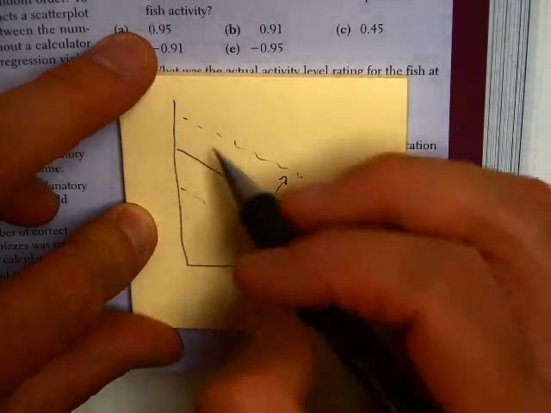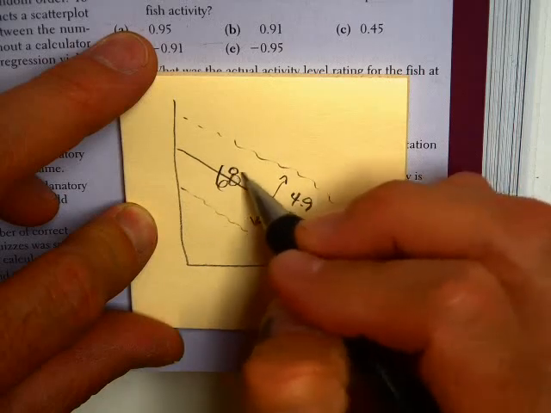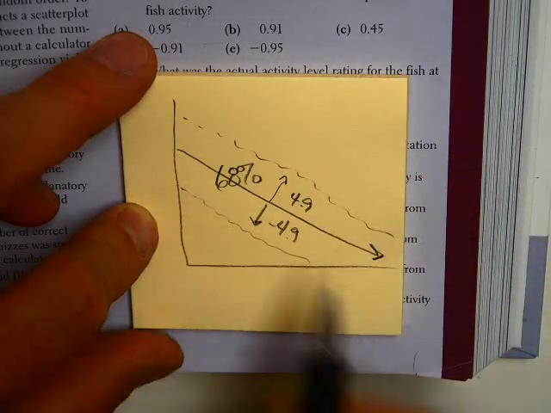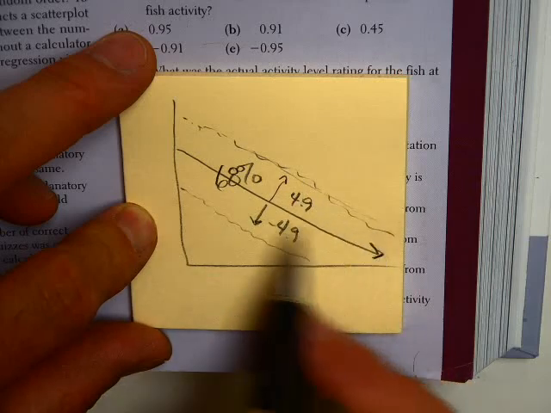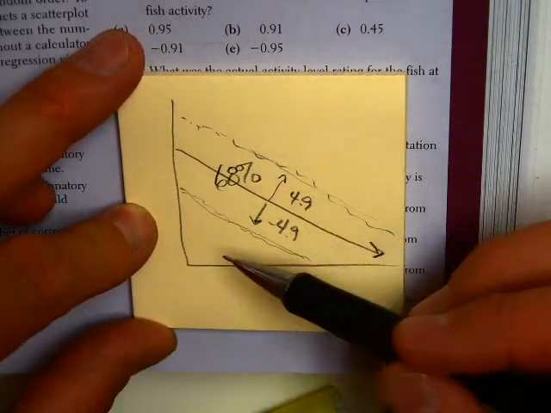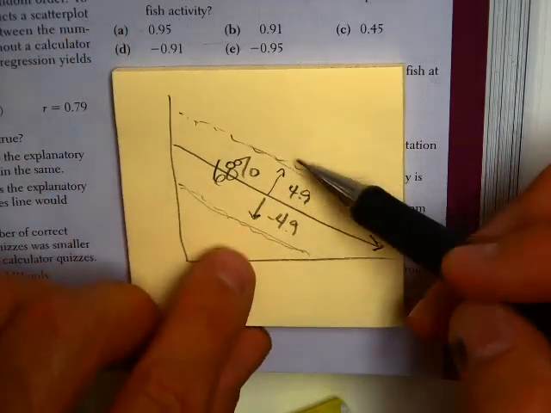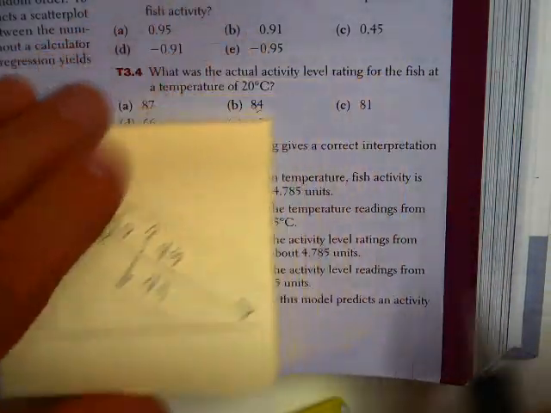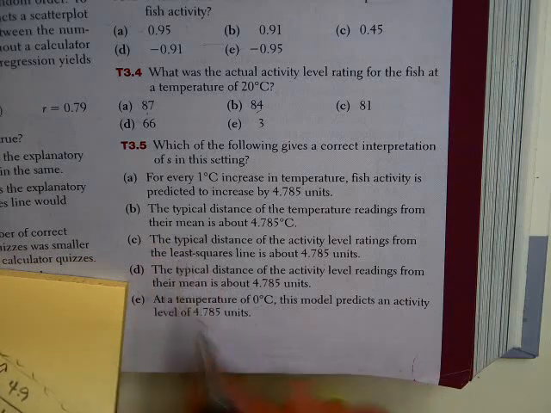And so 68% of our data should fall between these, and the rest of it should either be above or below. In fact, it should be equal amounts above and below. So the best answer here on this one is C.